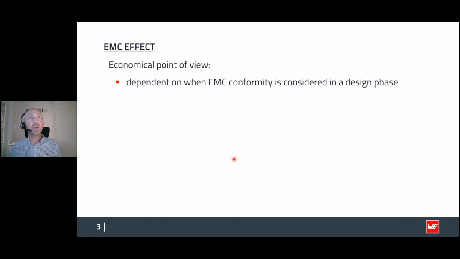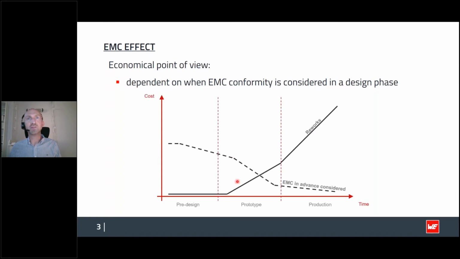So first of all, why do we worry about EMC? Well, one good reason to think about EMC very early in the design is that it can have a big impact on the overall cost of your project.